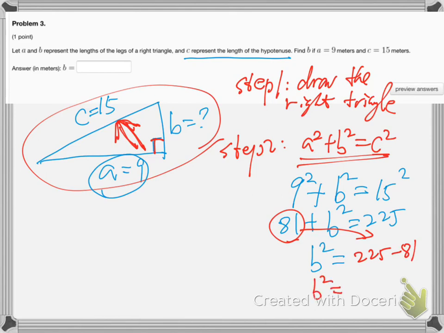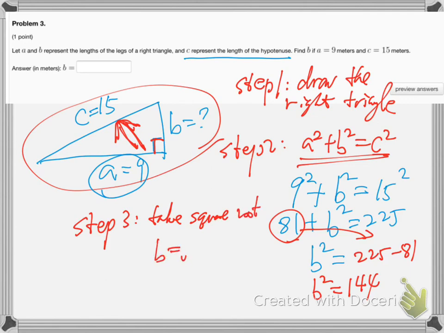So B squared is 144. The last step, take square root of the number we found. So B is the square root of 144, which is 12. So this side is 12.